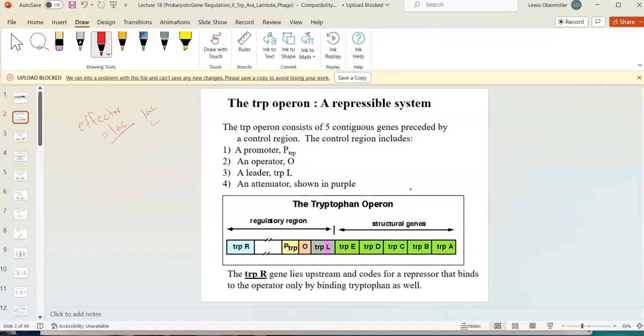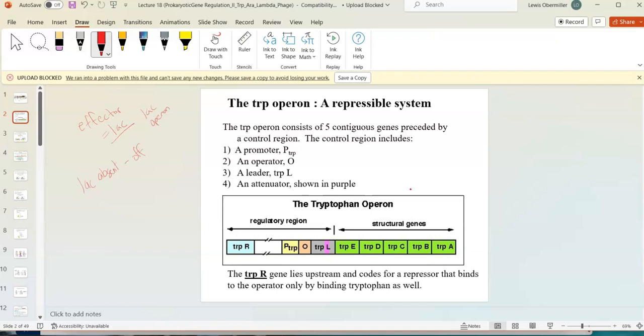That's for the lac operon, not for this one. So if lactose is absent, we don't need the lac genes to break it down, so it's off.